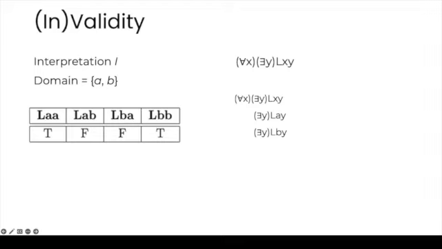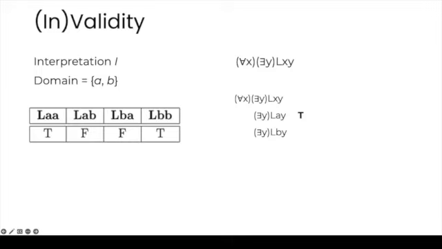And so are they true? Let's begin with the first one. This has two substitution instances, Laa and Lab. And the first one is true and the second one is false. So we see that this substitution instance is true because, again, one of its own substitution instances is true. Okay, so the first substitution instance of our universal is true.